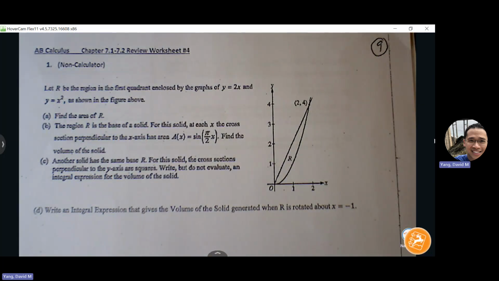So we always want to try to do top minus bottom first because that's the more convenient one. So it looks like we can draw one representative rectangle, and that rectangle can be consistent all the way through.